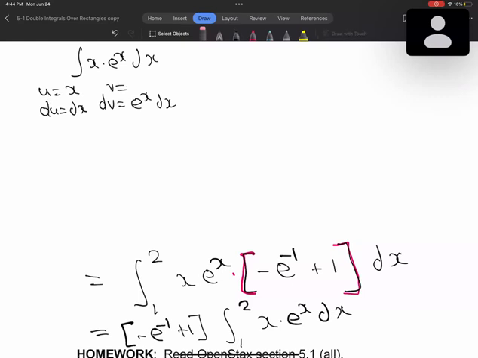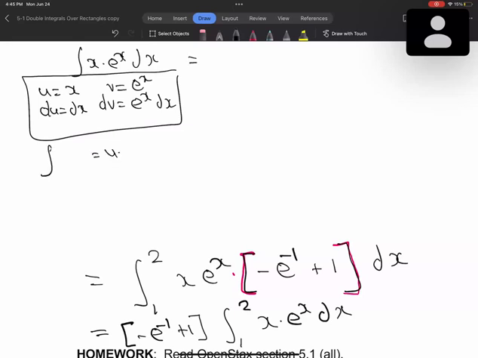E to the x. That's integration, right? So integration by parts is u times v minus the integral of v du. So integration by parts means I'm switching this guy with this guy.